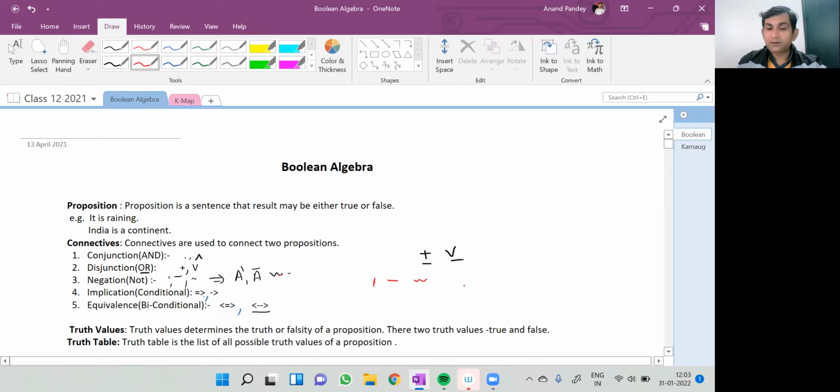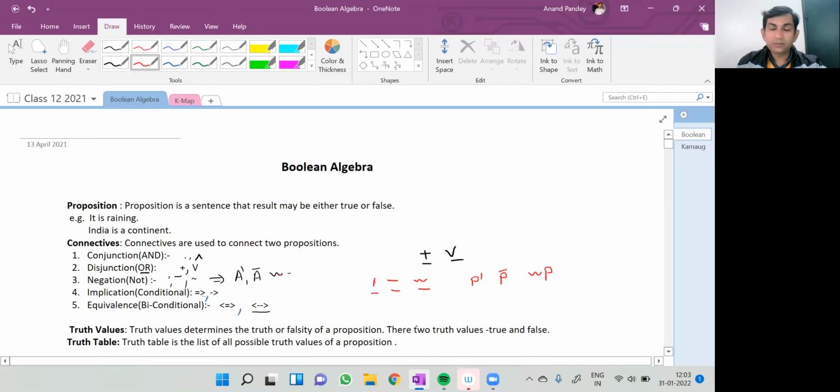If you want to represent a proposition with negation, you can write p dash, or p bar, or tilde p, that is, not p.